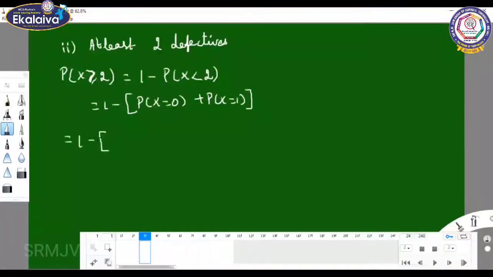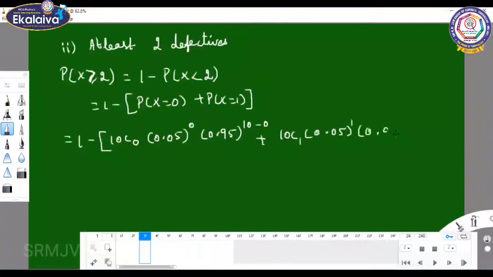1 minus 10C0 into 0.05 whole power 0 into 0.95 whole power 10 minus 0, plus 10C1 into 0.05 whole power 1 into 0.95 whole power 10 minus 1. 10 minus 1 is 9.